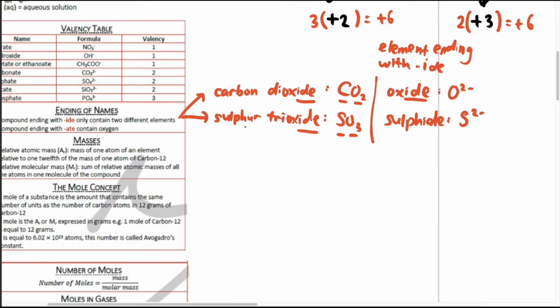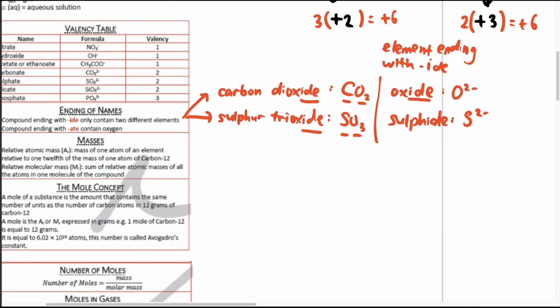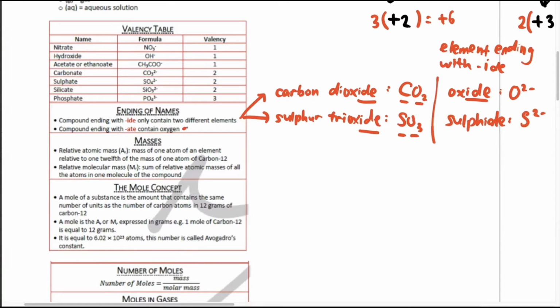Okay, then let's see. Compounds ending with ATE contain oxygen. Let's say sulfate. You see the ATE there, sulfate ion, SO4 2 minus.